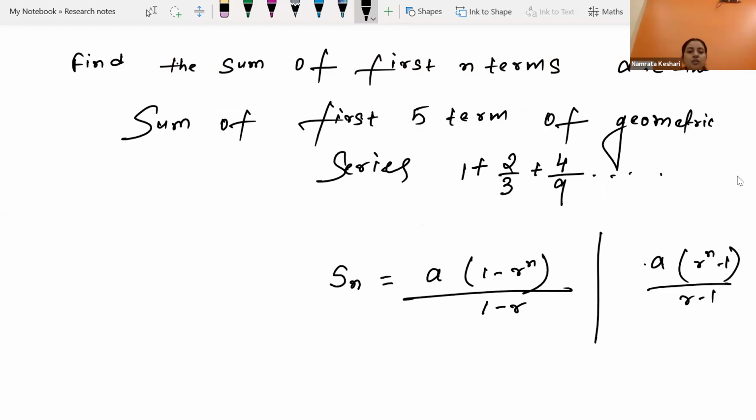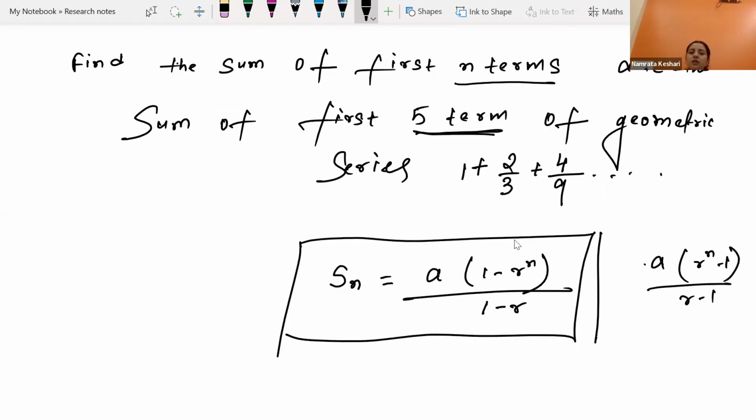This is the formula for finding the sum of n terms of a GP. A sequence is given over here: 1, 2 by 3, 4 by 9. We have to find the sum of 5 terms. For n terms, this is the formula we know. Please find the sum of 5 terms.